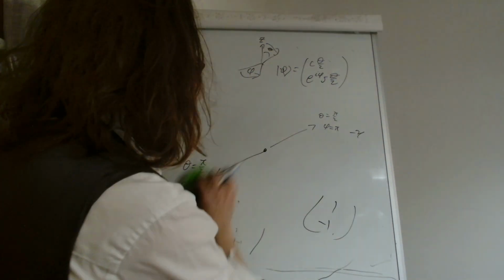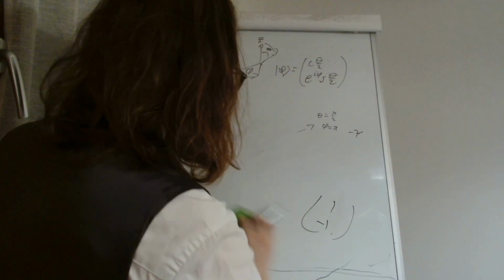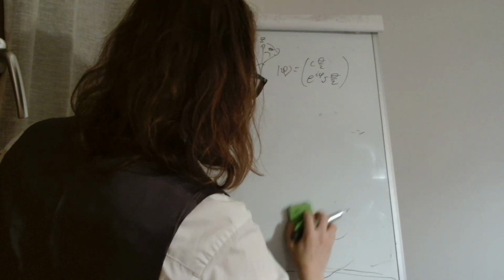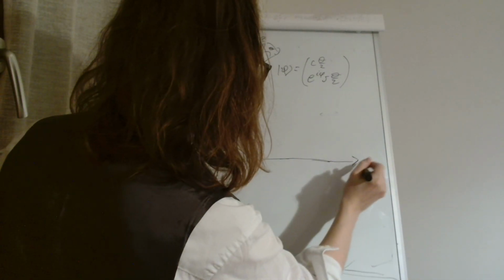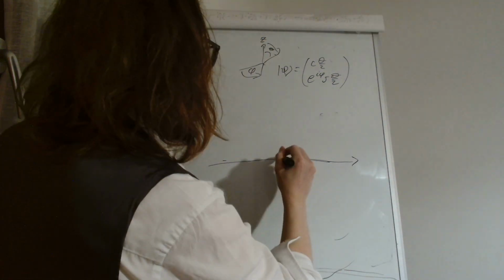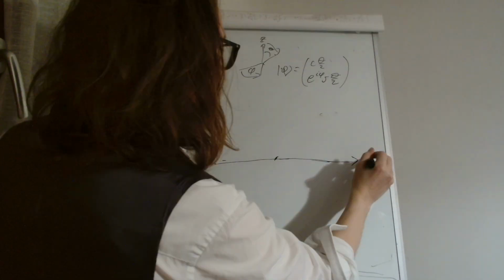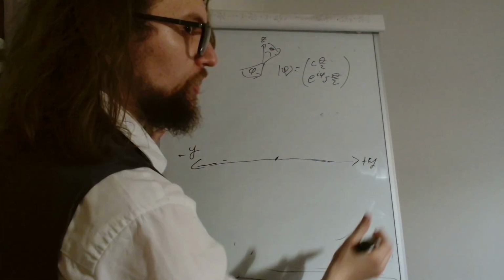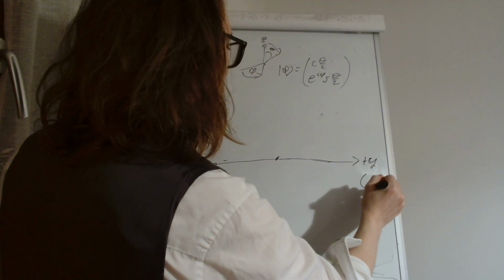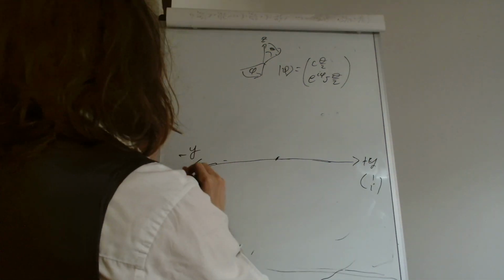Now we check for the y-axis. We have here plus y, and here minus y. Remember, we should get 1 i, and here 1 minus i.